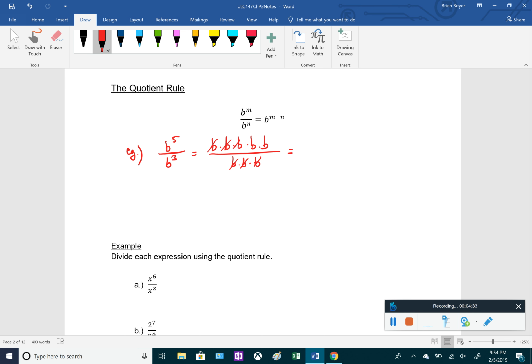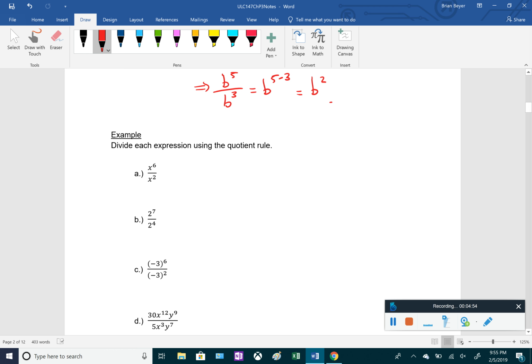We'll be left with b times b, which is b squared. So that tells us that b to the fifth over b cubed equals b to the 5 minus 3, which is b squared.